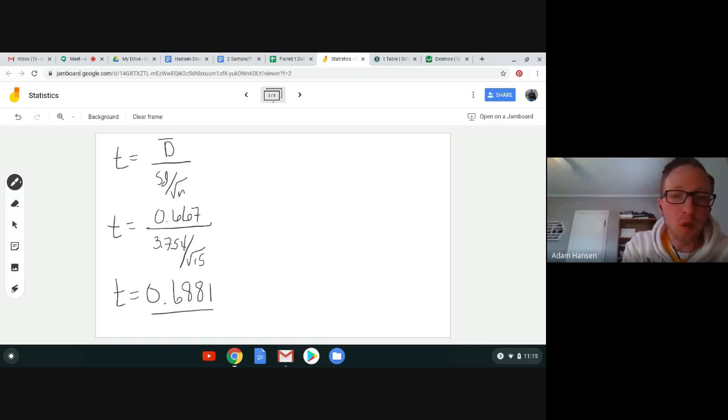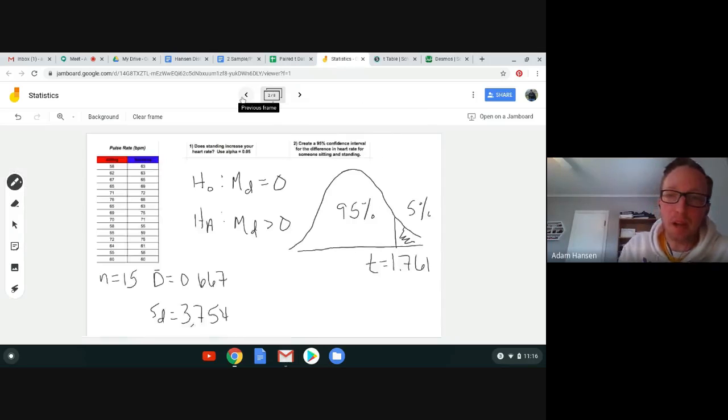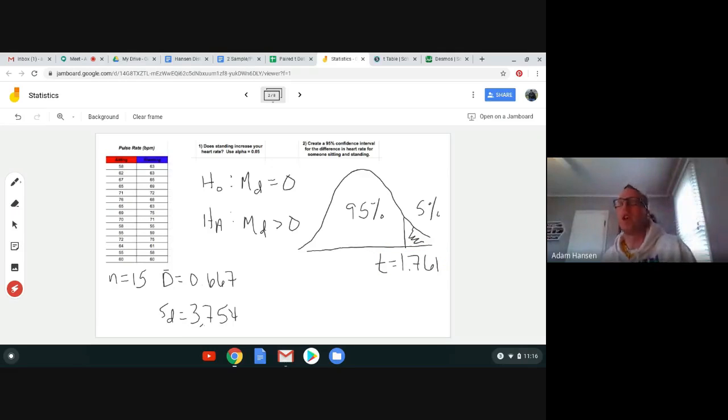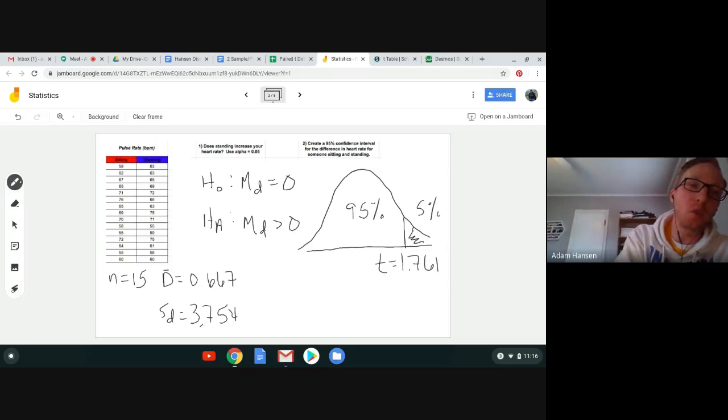Based off of this t-score, what should our decision be? Compare that back to our rejection region with this cutoff from the previous slide. Are we more extreme, greater than 1.761? Our t-score lies closer to 0, to the left.